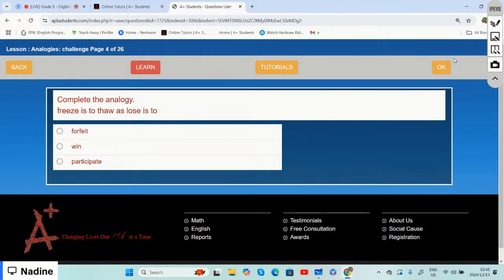All right. And then we have freeze. Freeze is to thaw, as lose is to, do we say forfeit, win, participate? So freeze is to thaw. I'm not sure. Let's see if it's going to be forfeit.